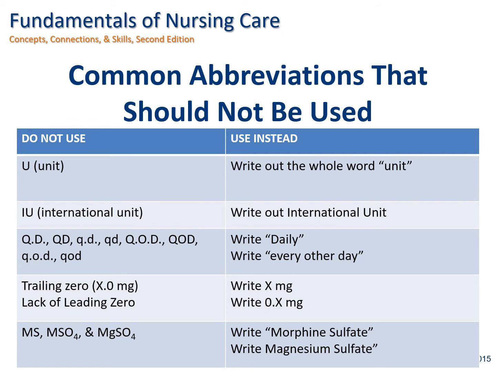These are your unapproved abbreviations that should not be used. So you need to familiarize yourself with these. It's your responsibility to know which abbreviations and symbols may be used in your documentation and which ones may not be used, which ones are unapproved. And that's due to the Joint Commission's National Patient Safety Goal to improve the effectiveness of communication among caregivers.